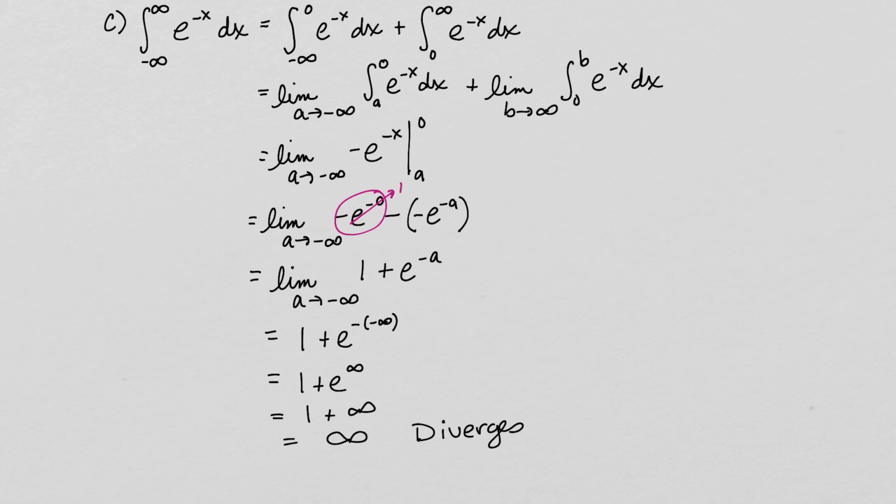1 over e to the x. Well, the problem with 1 over e to the x is that it would be okay on one of the ends, but not if you went from minus infinity to infinity, because at one of the ends it's going to flip back up.